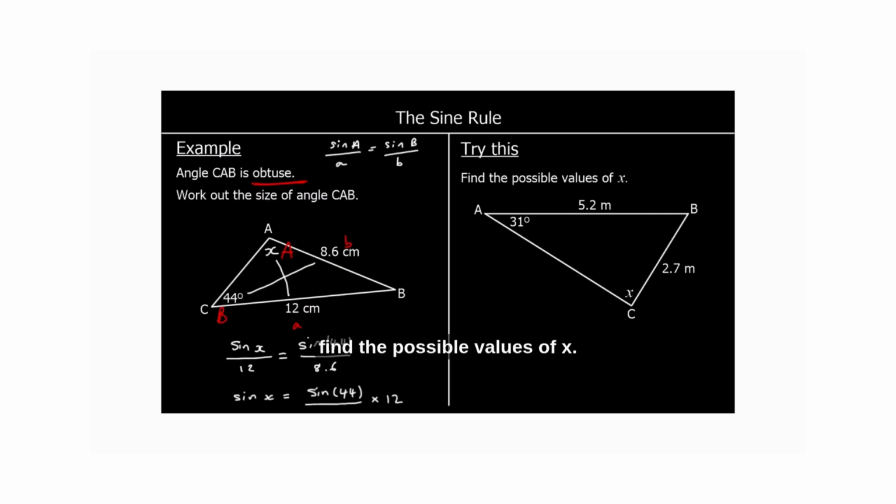So this question says find the possible values of x. So there's going to be two possible answers. The diagram's not drawn to scale, so there could be an acute answer and an obtuse answer.